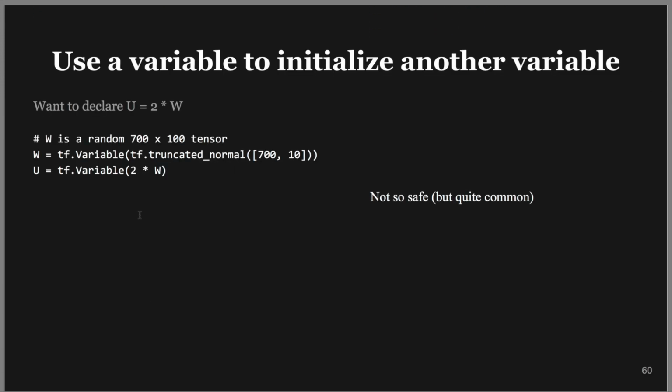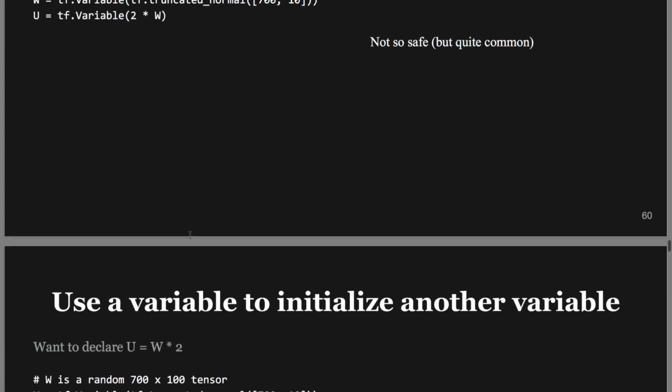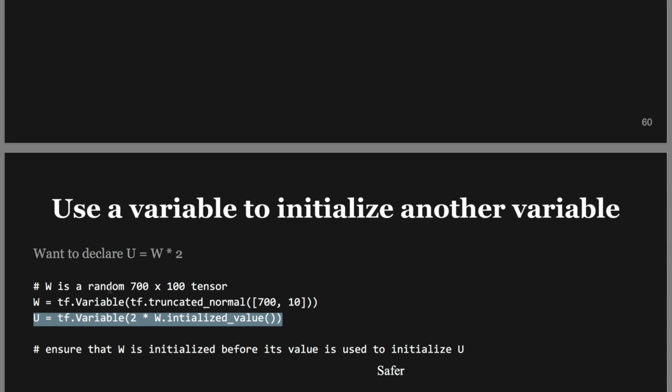This might not be that safe, because W might not be initialized. So what you want to do is call w.initialized_value. This will make sure that W is initialized before its value is used to initialize U.